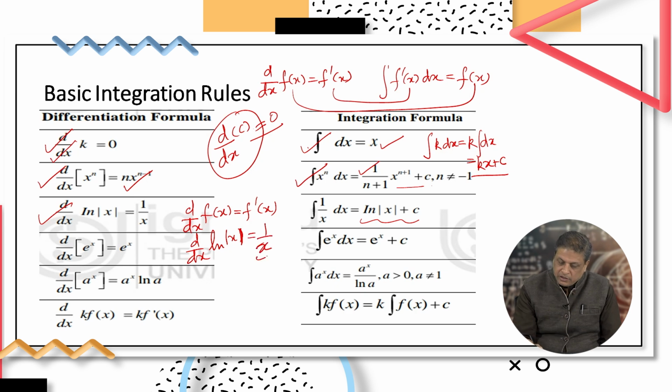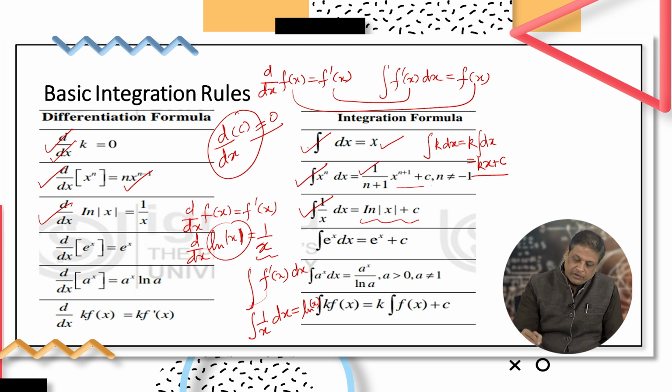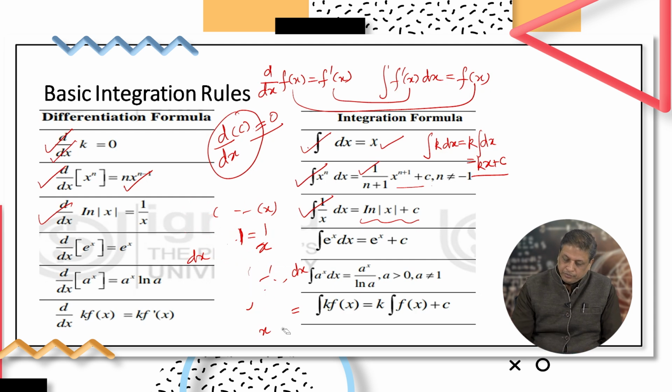So 1 by x is your f dash x. So integral of f dash x dx will be written as integral of 1 by x dx, and that turns out to be f(x). And what is f(x)? f(x) is your ln x, so this is log of x. So I hope you understood how integration and differentiation are interrelated.